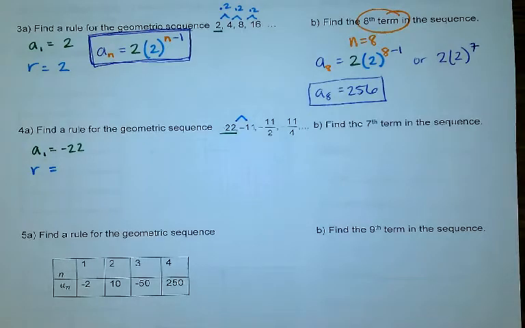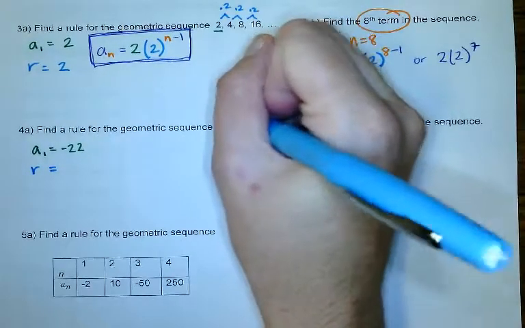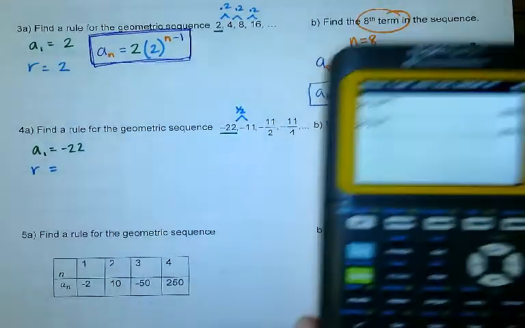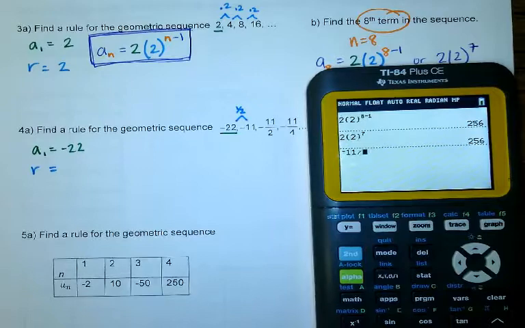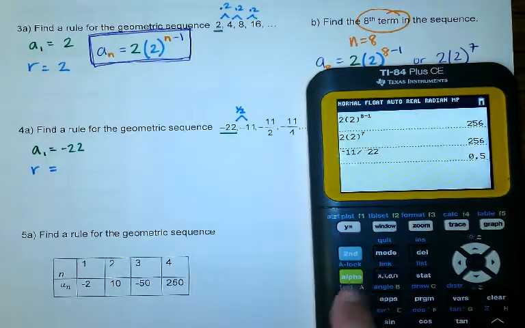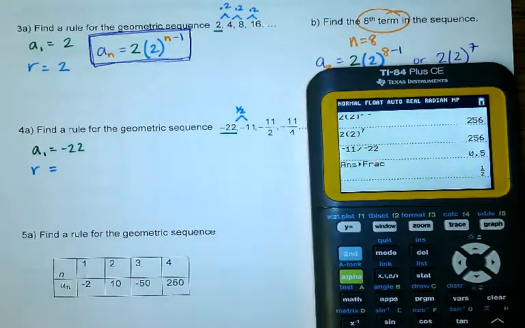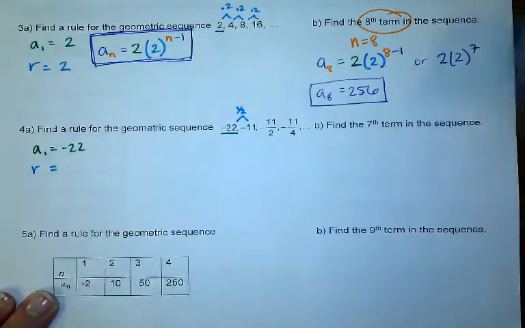So guys, you can also remember, you can do that by saying, okay, negative 11 divided by negative 22 gives you that 1/2, when you turn it back into a fraction. Guys, you also could put 0.5. That's totally acceptable. You did it as a clean decimal, that's totally fine. But I like fractions, so I'm going to stick with the 1/2, okay?